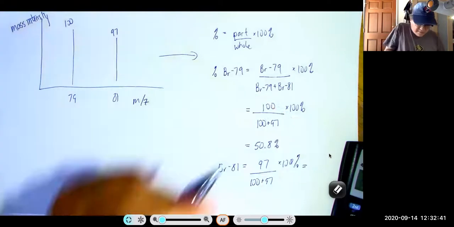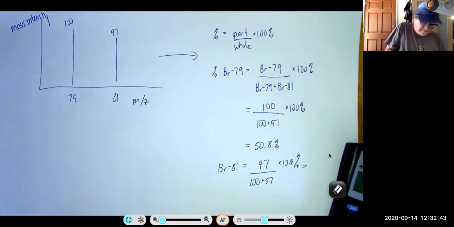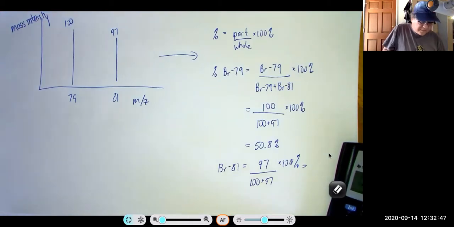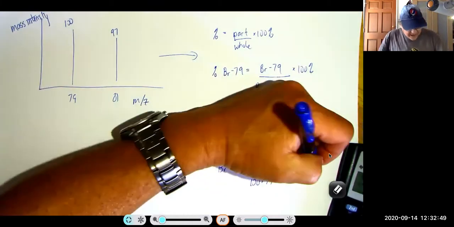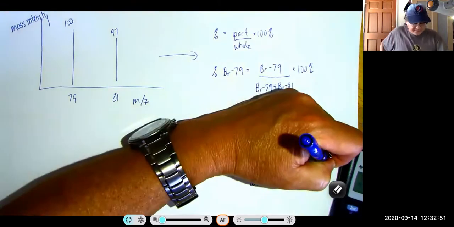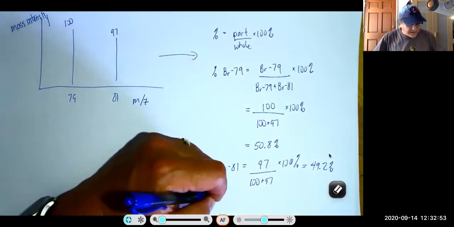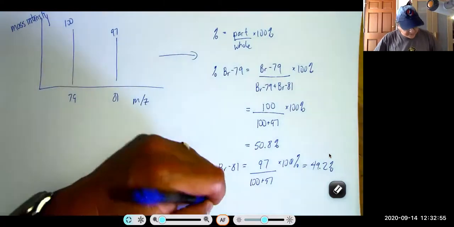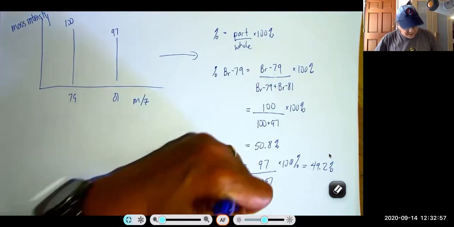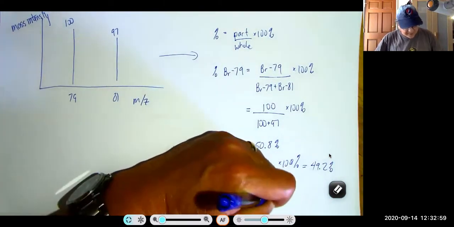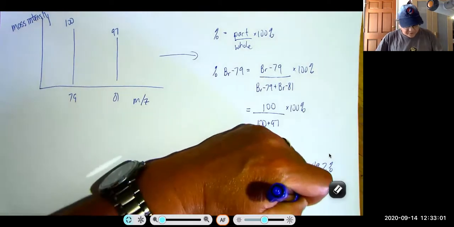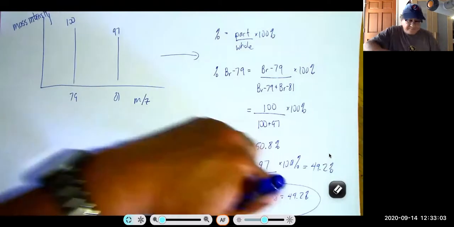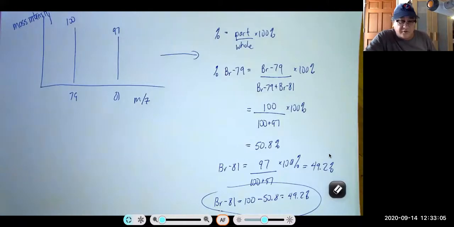And if we do that, we get 49.2%. Another way to get bromine 81 is to simply say that bromine 81 is going to be 100 minus 50.8, which is 49.2%. So are you folks following me on how you get the percentages?